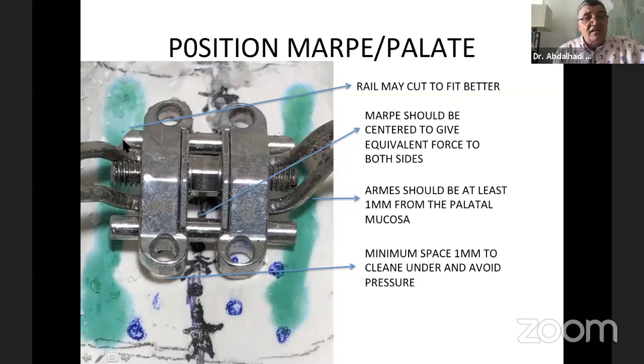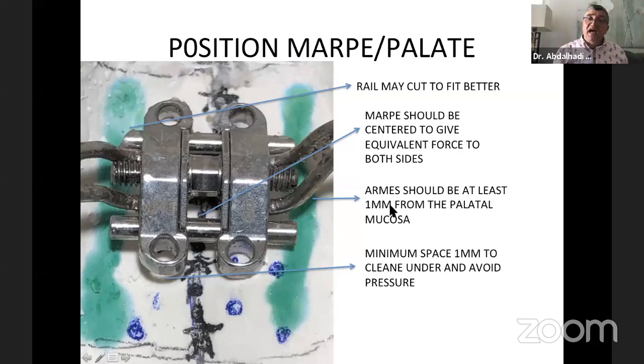You see, I cut part of the arms of the Marpe. The rail may be cut to fit better. You see, it's cut here and here. The Marpe should be centered to give equivalent force to both sides, arms, and give exact force to the suture.